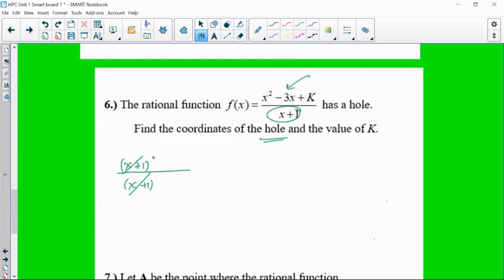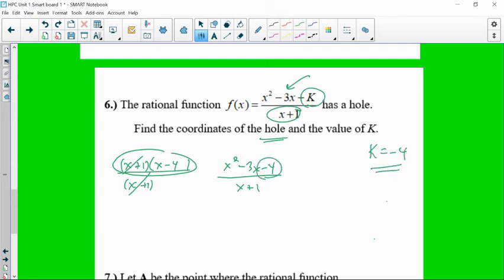Well, if you need -3 as your middle term, why not make it x minus 4? Because then that would be a -4x plus x, that's -3x. And so if this were my starting equation, I'd be able to cancel that factor. If it were expanded, that would have been x squared minus 3x minus 4 over x plus 1. So that tells you what k is. k is going to be -4. And then how do you know what the coordinates of the hole were?